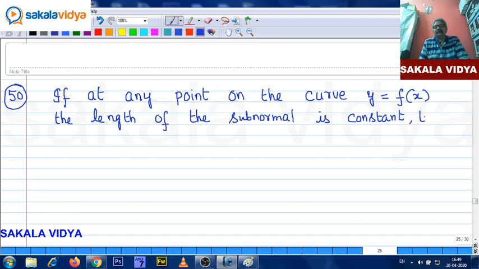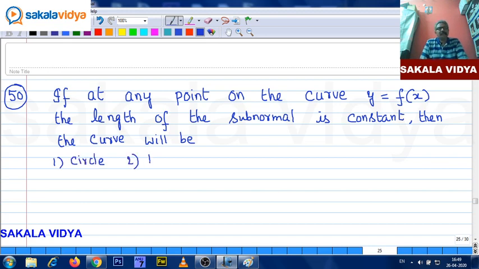Then the curve will be: first is circle, second is ellipse, third is parabola, fourth one is straight line.